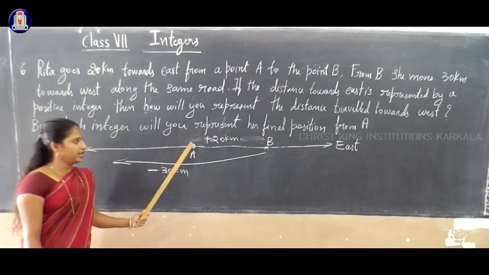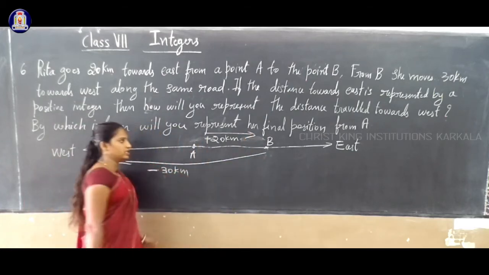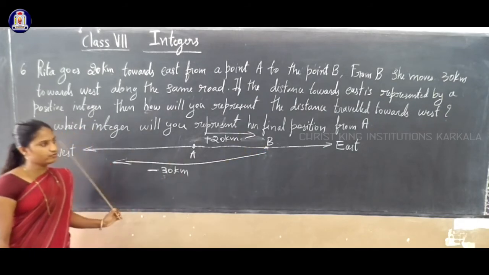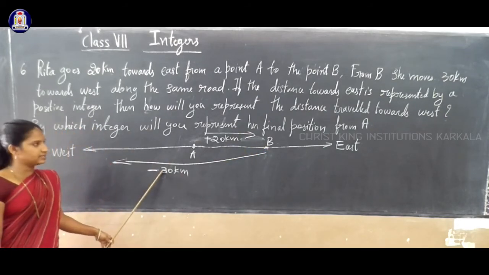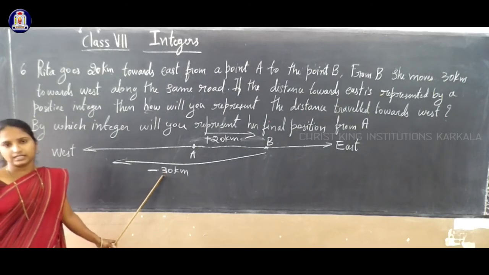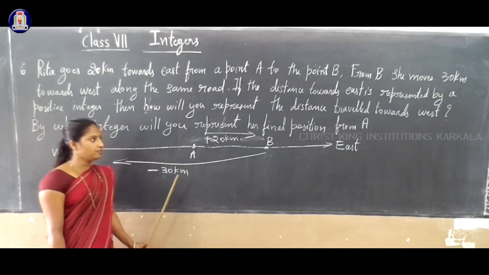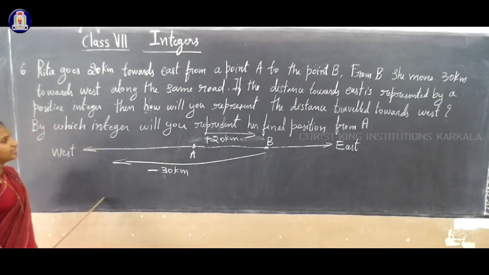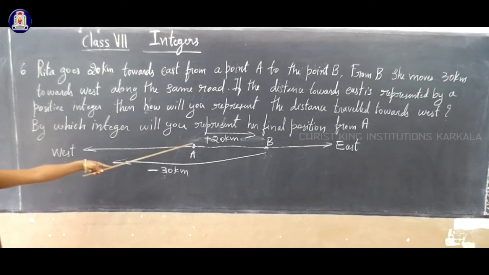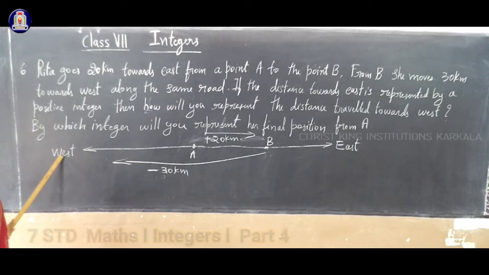So here A to B, she is traveling first to east direction. So plus 20 kilometer. Then again from point B to west direction, we will represent by negative integer. So that is minus 30 kilometer. Now we have to find her final position. Where she will reach. First 20 kilometer towards east, then again 30 kilometer towards west.